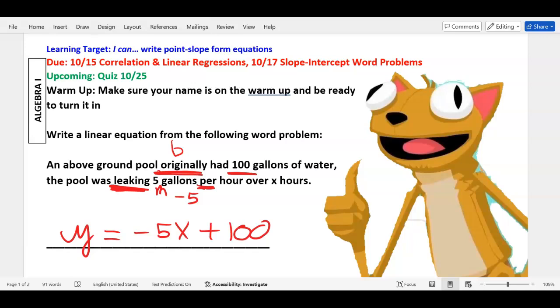Because we're going to do some notes now. Pass these out. All right, let's do these notes.